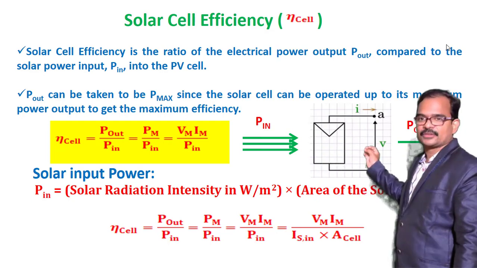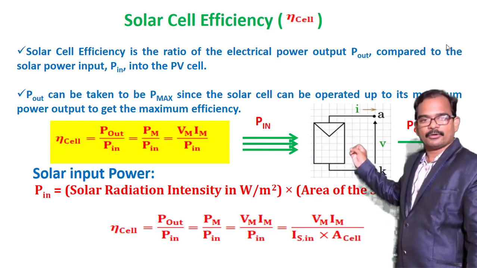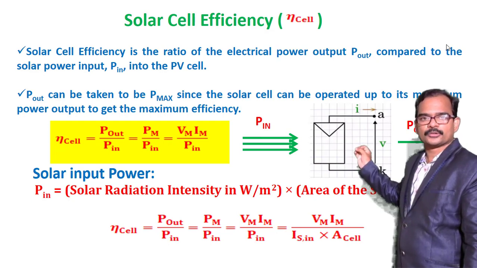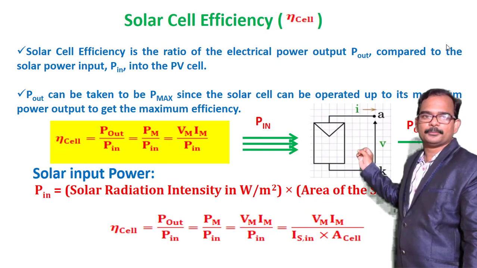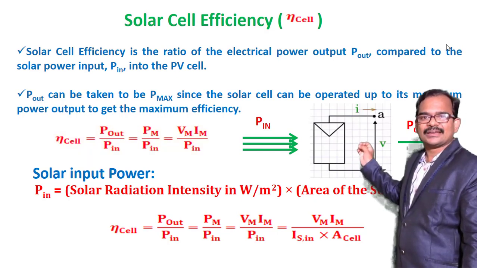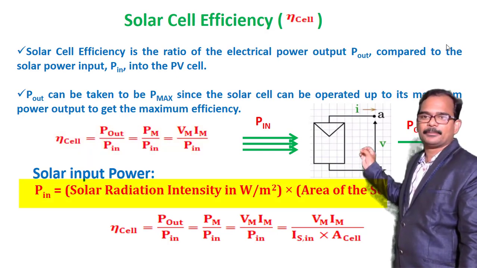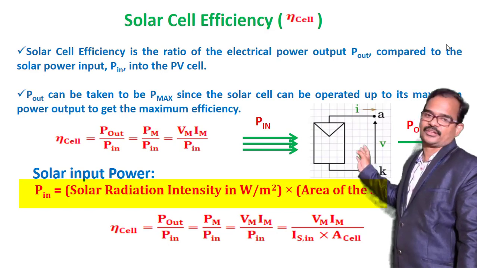This Pmax, or the maximum power output, will be the product of Vm and Im, whereas the solar power input is the solar radiation intensity multiplied by the area of the solar cell.